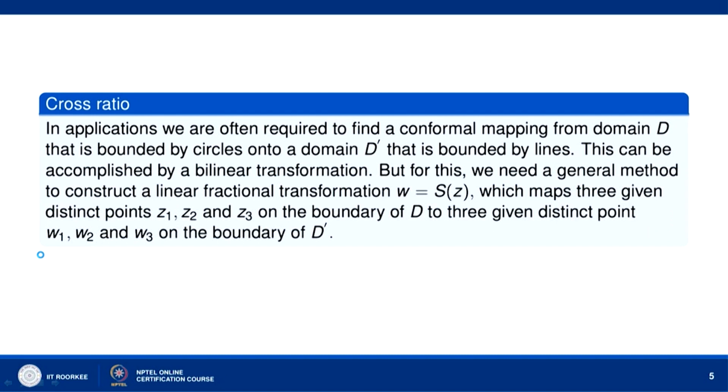Now, let us come to cross ratio. In applications, we often are required to find a conformal mapping from a domain D that is bounded by circles onto a domain D dash that is bounded by lines.